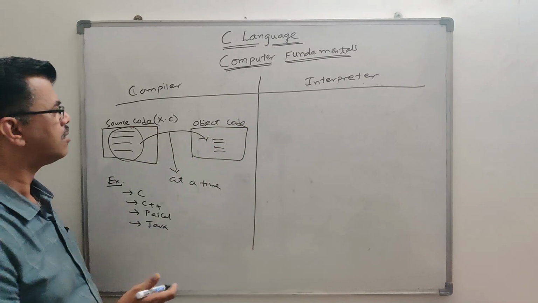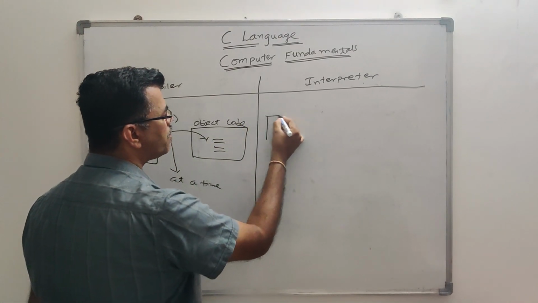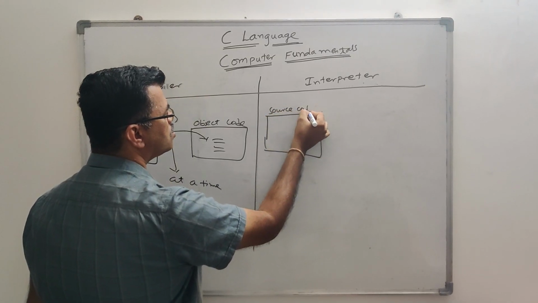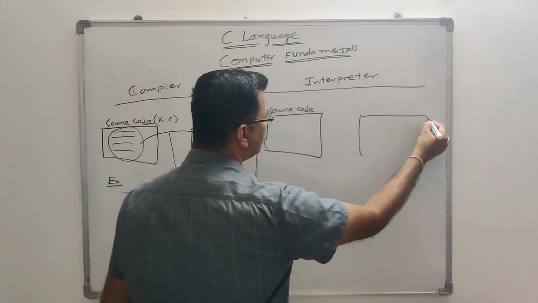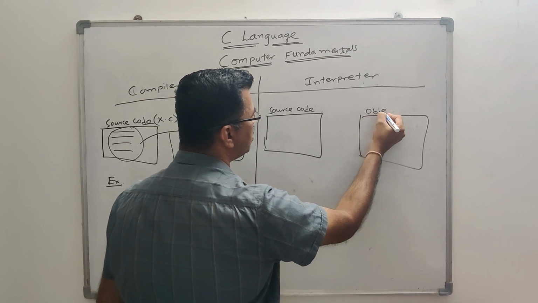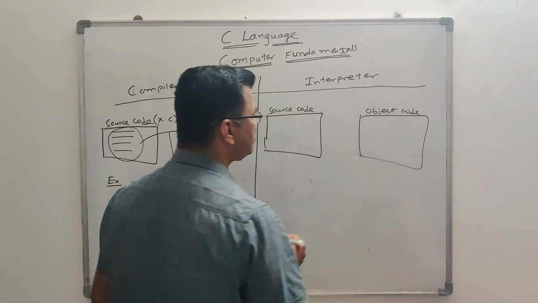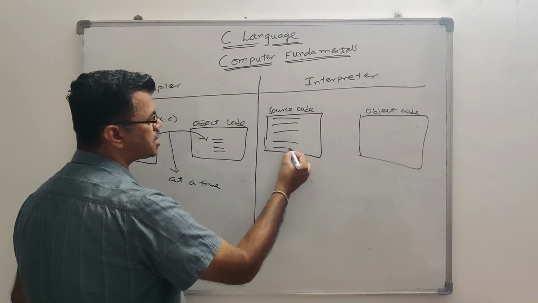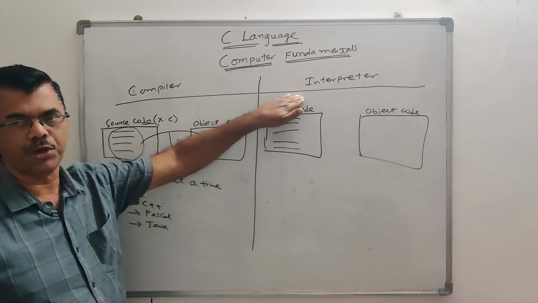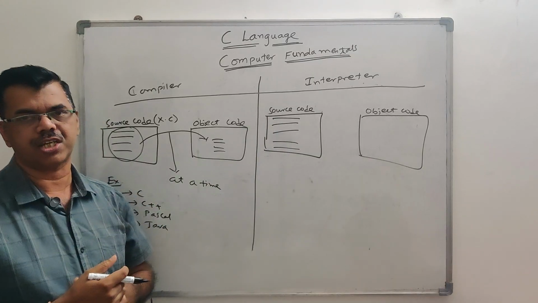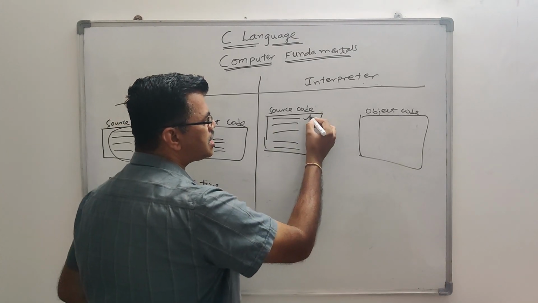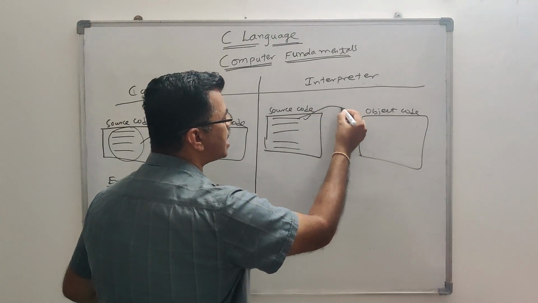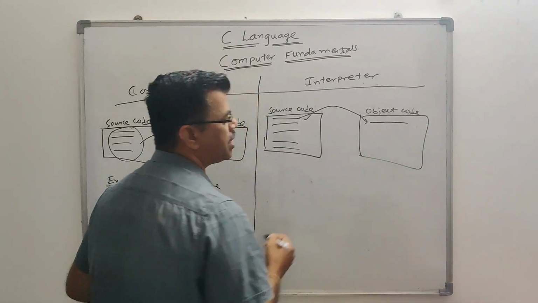Coming to interpreter, here also we have the source code, and we want to convert it into object code, a machine understandable format. Here we write the source code with some set of instructions. The interpreter checks the first instruction. If the first statement does not have any error, it is converted into object code.